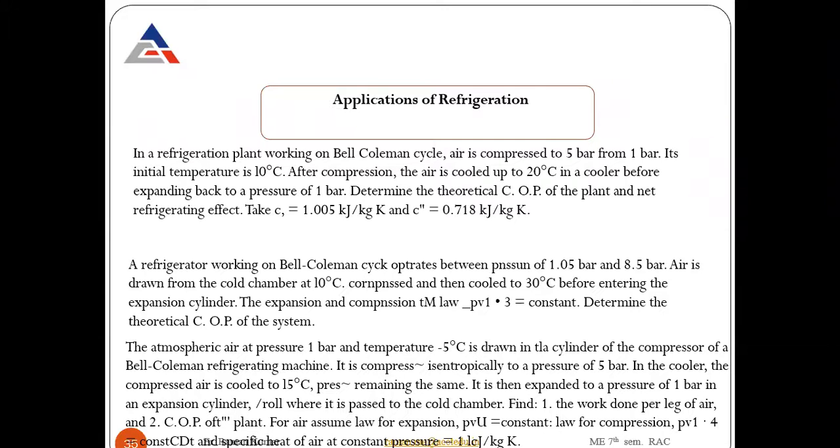And the specific heat of air at constant pressure is given as 1 kilojoule per kilogram. Everybody solve it. Hurry up.